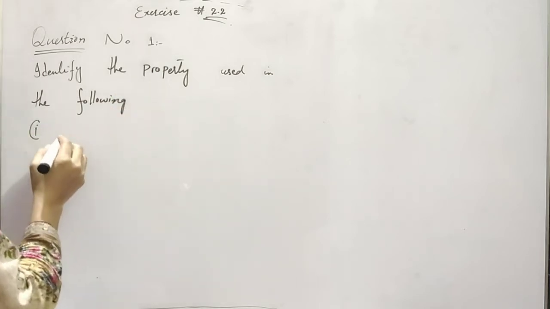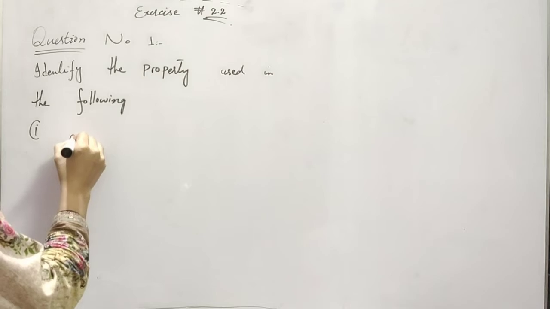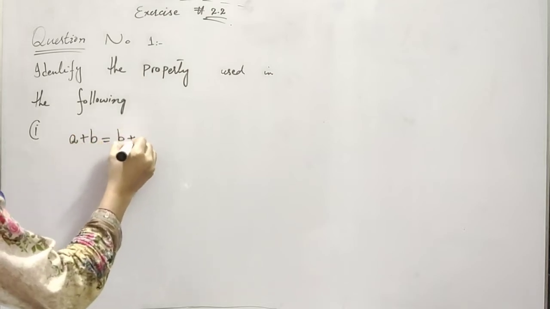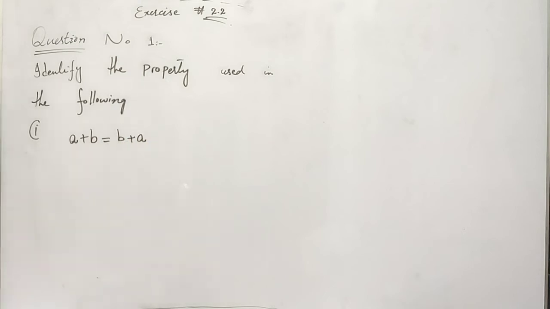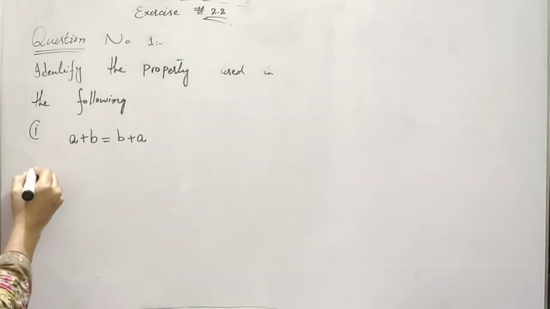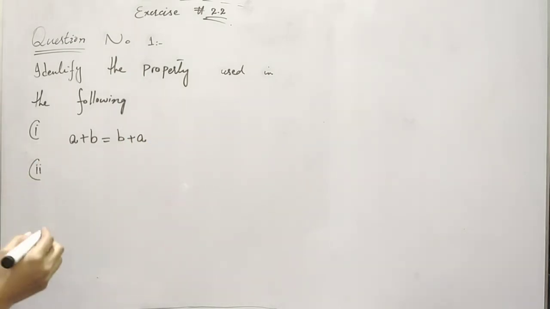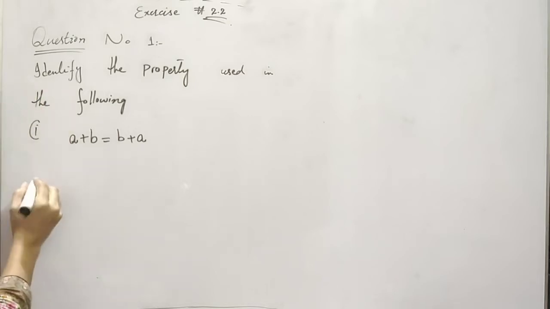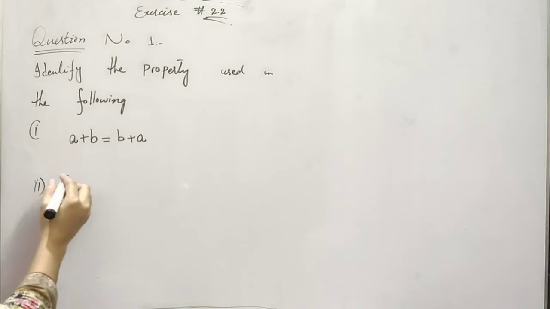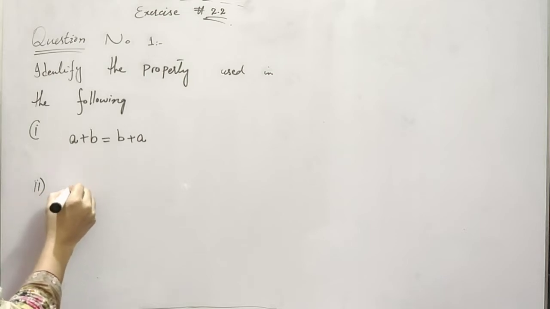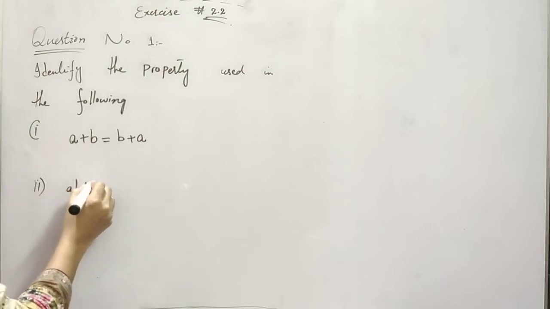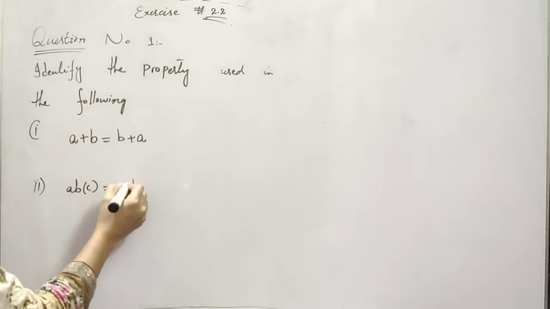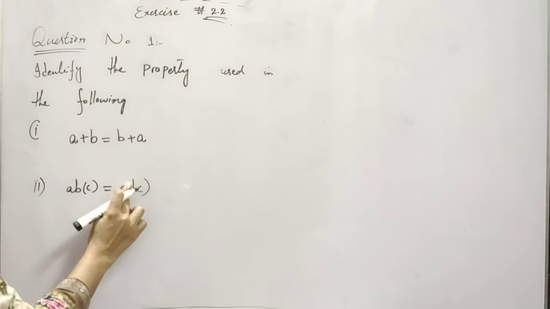The first part is a plus b is equals to b plus a. The second part is a b into c is equals to a into bc.